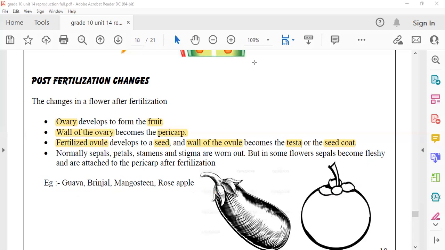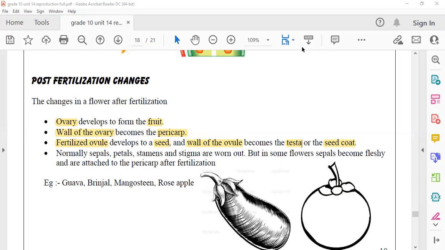So in exam papers, they will ask you, what is the change happening to the ovary? What is the change happening to the wall of the ovary? What is the change happening to the fertilized ovule? What is the change that happens to the wall of the ovule? These things they can ask. In opposite also they can ask, from which structure fruit develops, from which structure pericarp develops, from which structure seed develops.